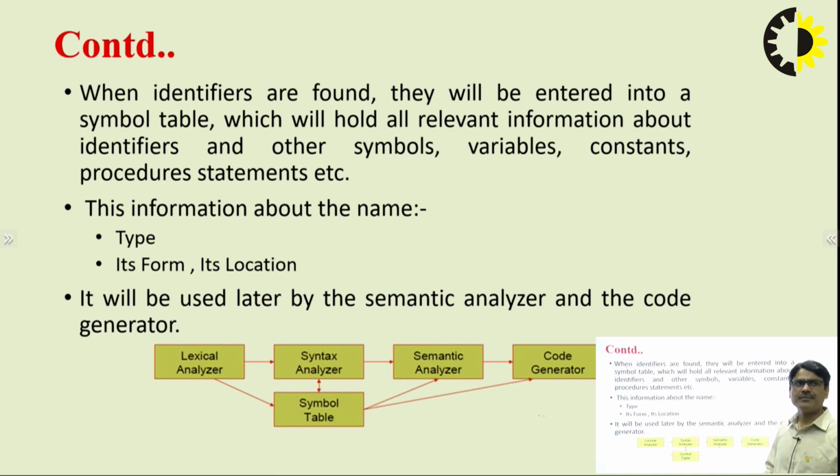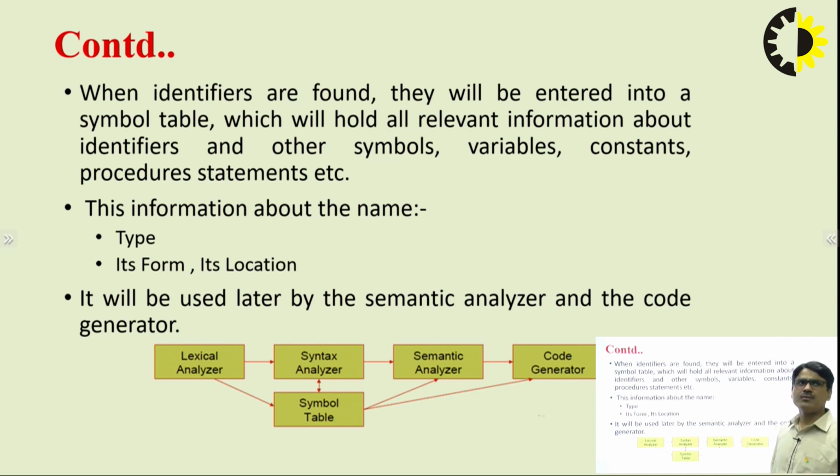But at the level of constants, procedures, keywords, and operators, you store the information just one time, because these are unique entities. For variables and procedures, whatever is changeable, you have to create different entries according to requirement.